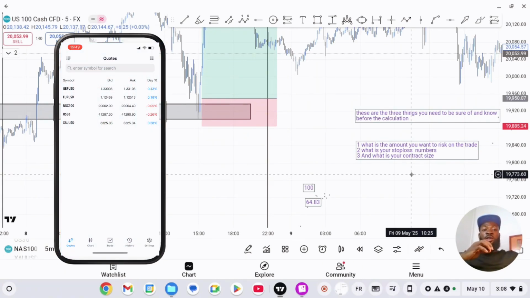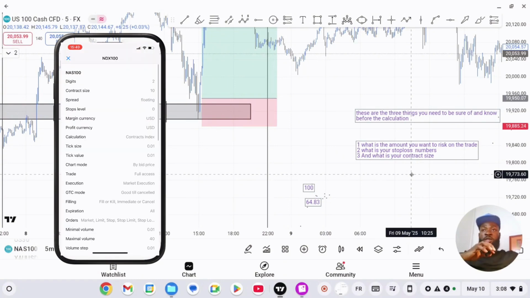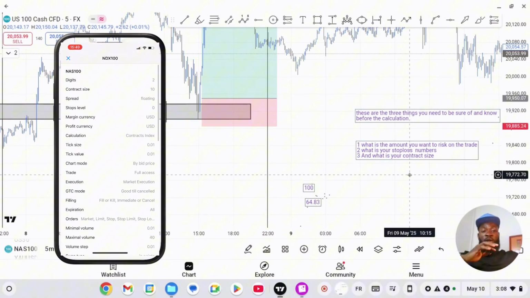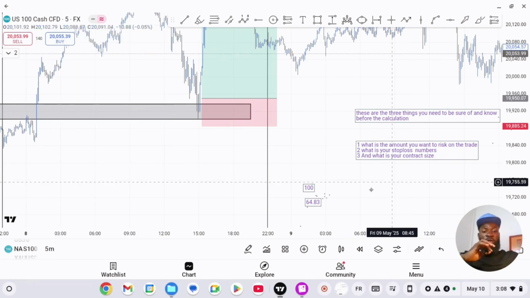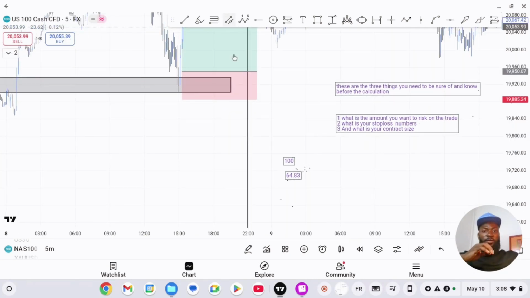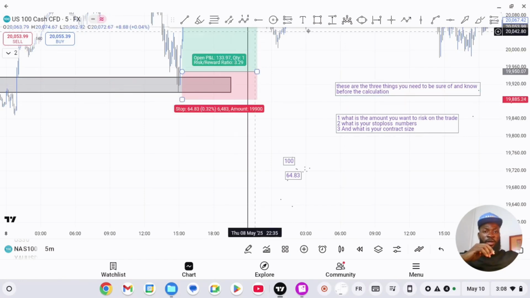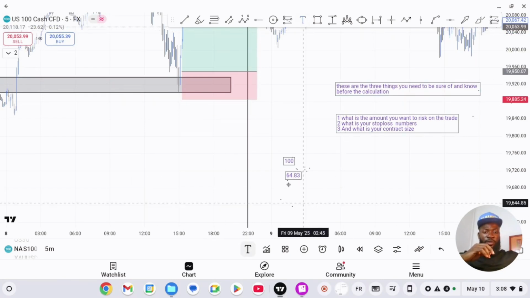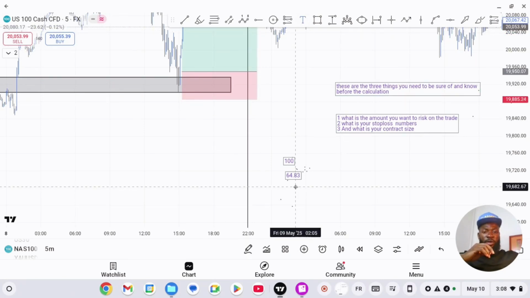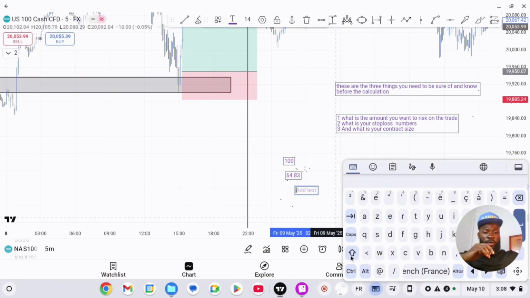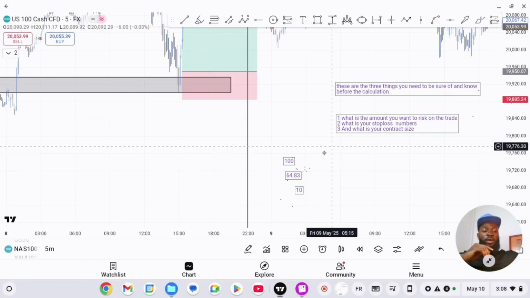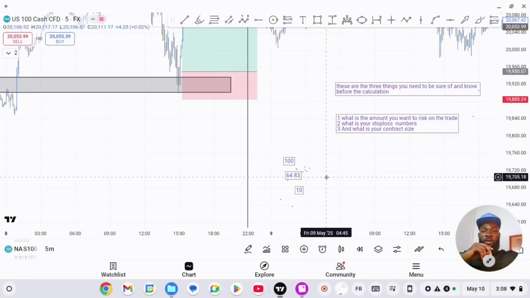You will see where they wrote the contract size. Mostly the contract size brokers give is 10. Let's say we have 10 here as our contract size. Now our numbers are complete.